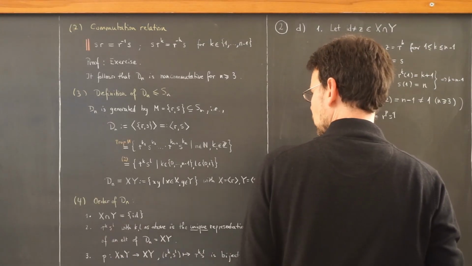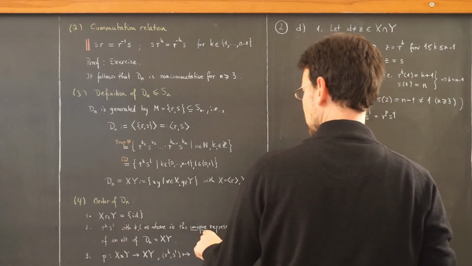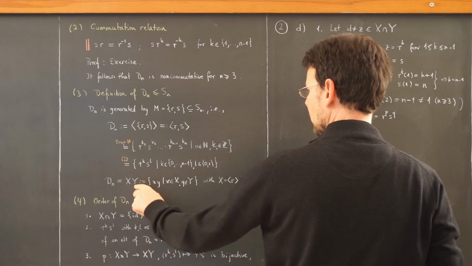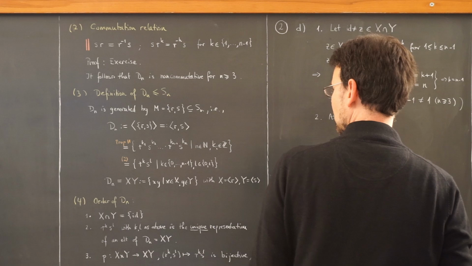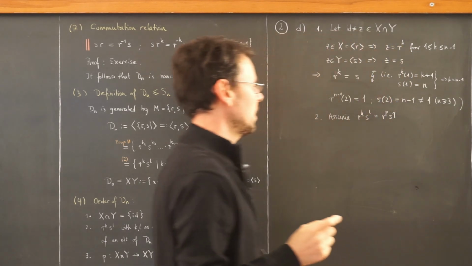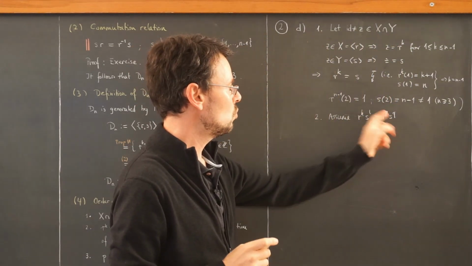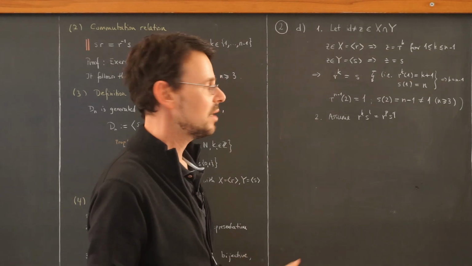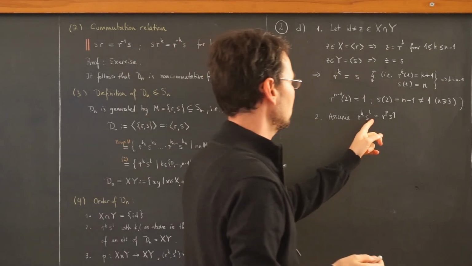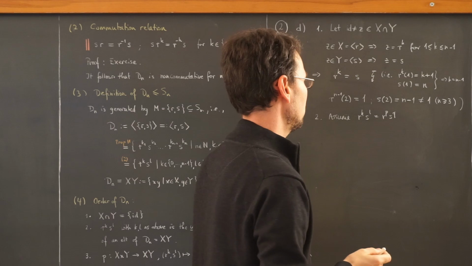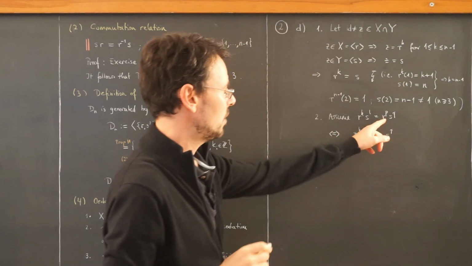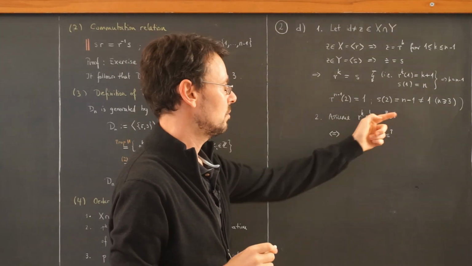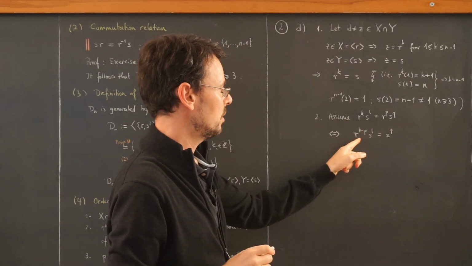Okay, claim 2. This here is the unique representation of an element that lies in here, K and L always these numbers here. So let us assume that we have two representations of the same element: R to the K times S to the L equals R to the P times S to the Q. Then by multiplying with R to the minus P from the left, I end up with this here.